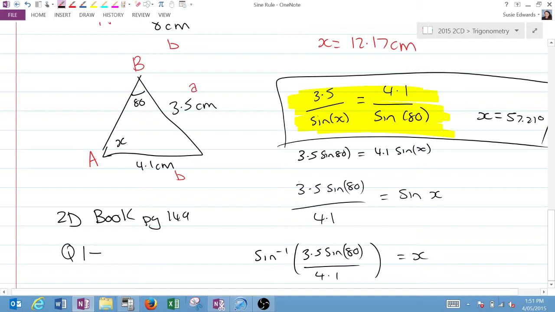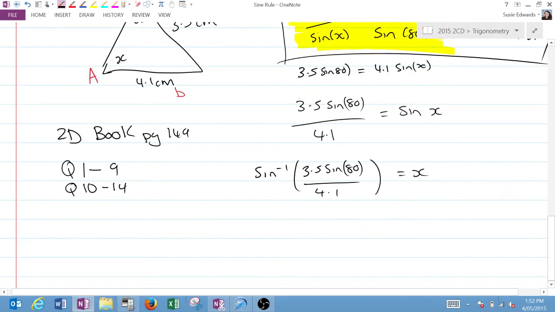Questions 1 to 9, and then questions 11 to 14, and then questions 16, 17.